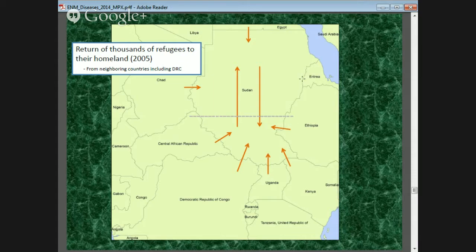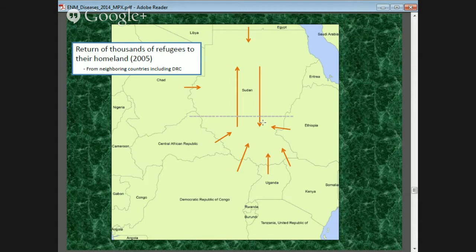So there was an influx into Sudan and southern Sudan of refugees from neighboring countries, and people were also moving between southern Sudan and northern Sudan because they wanted to be closer to where their family were or where they were born.